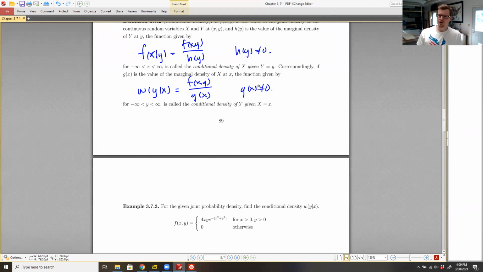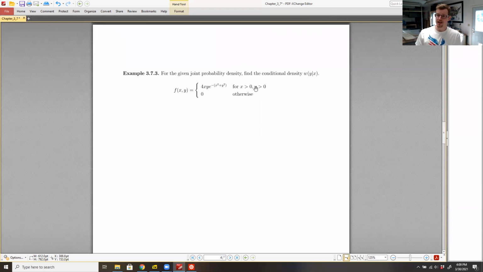So for our example, what we'd like to do is rely on the fact that we've already calculated a marginal density for a function, so we're going to revisit that same function. In the previous section, we found the marginal density of x.